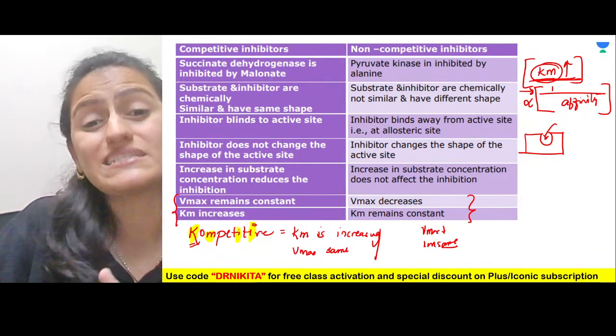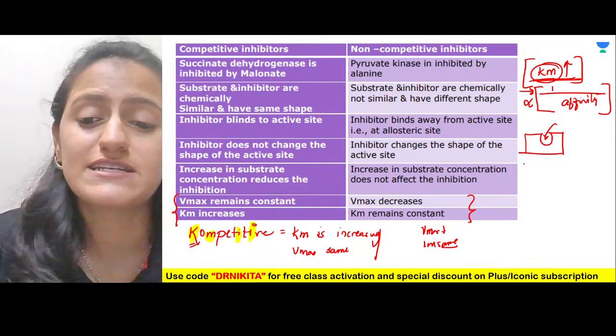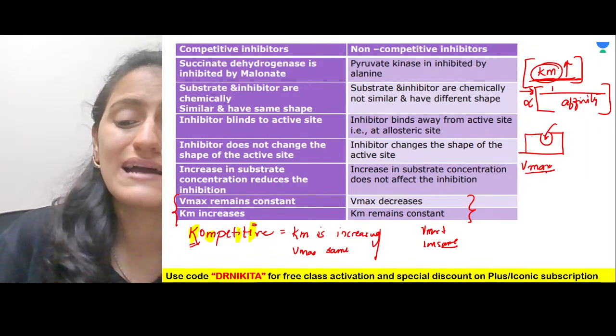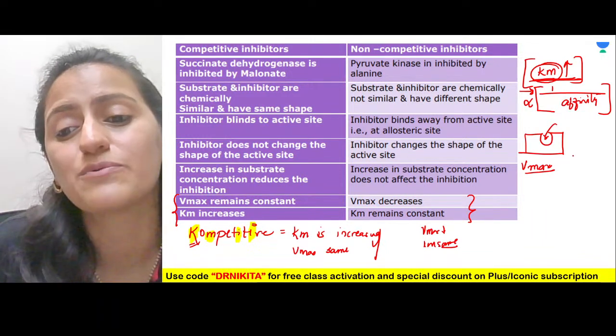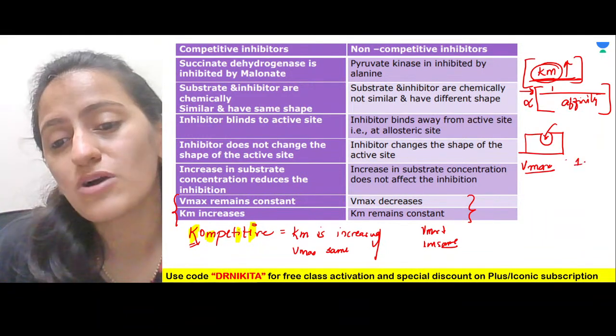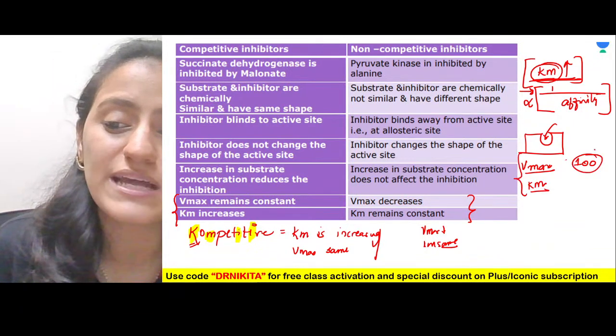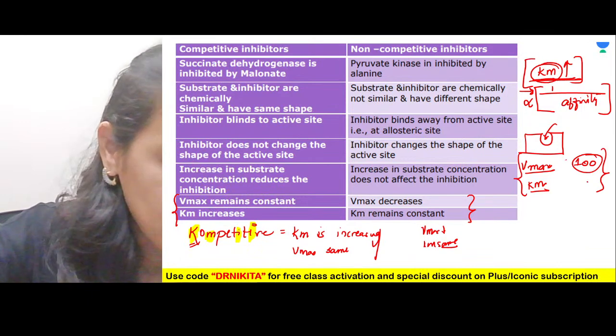And what is the definition of Km? If they tell you that for a reaction, at Vmax the velocity of the reaction, the substrate concentration is 100, so what is the value of Km? This is a potential question that can come in the exam.